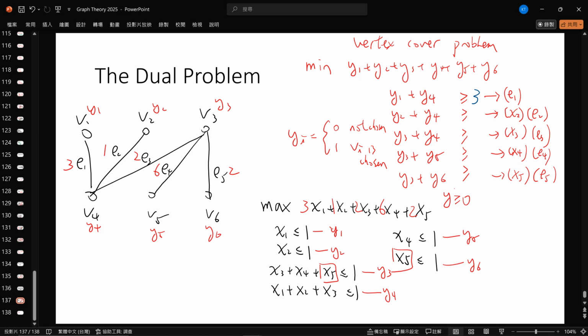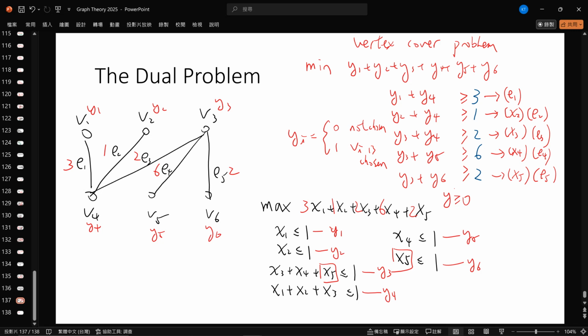And the one for x2 should be at least 1. So in the dual problem of the maximum weighted matching problem, the right-hand sides of the constraints are the edge weights: 3, 1, 2, 6, 2.